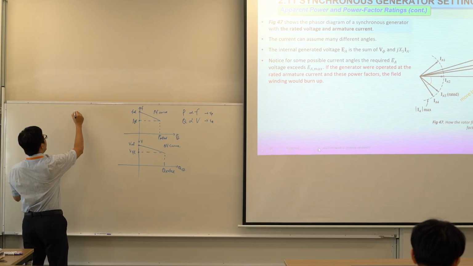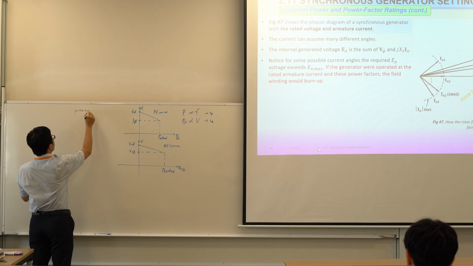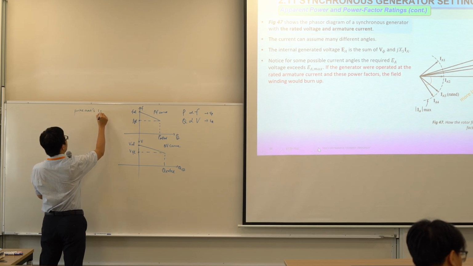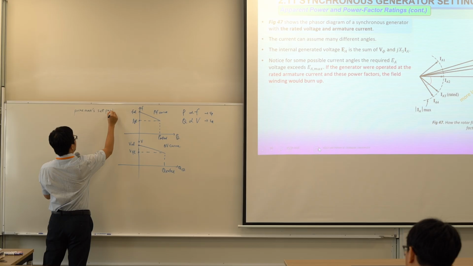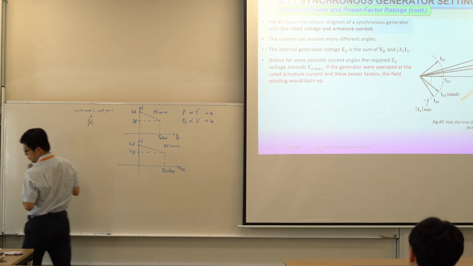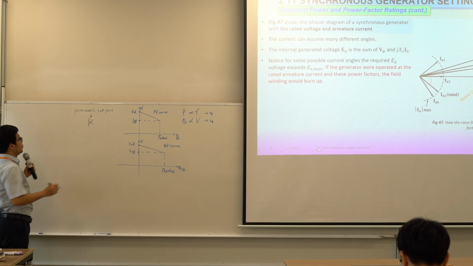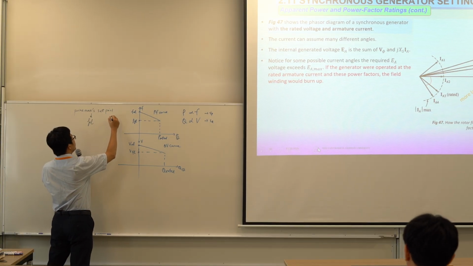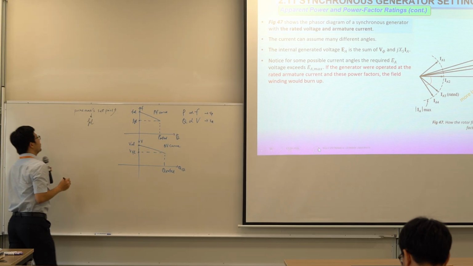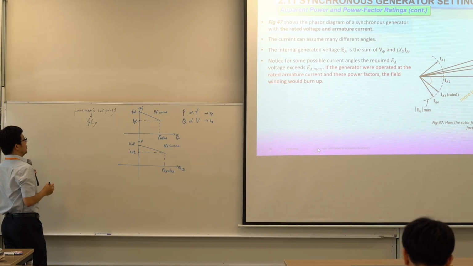So if we consider the governor set point, that means we are considering the no load frequency, right? So when we increase the set point of the governor, that means we increase the no load frequency.